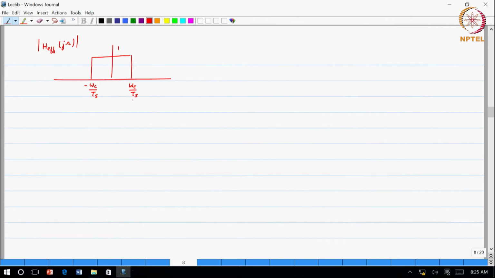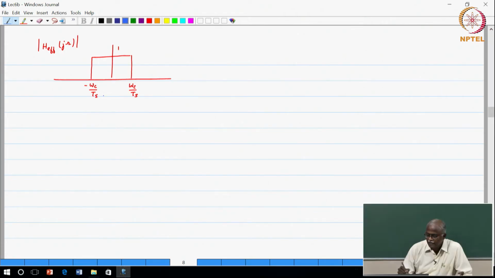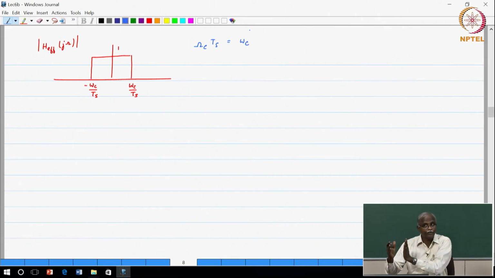That is exactly what HEffective of j omega is. Supposing I had omega c divided by Ts equal to the continuous time cutoff, basically the cutoff frequency of the discrete time filter, if I want to map it, I can define a cutoff frequency in continuous time which is equal to omega c by Ts.